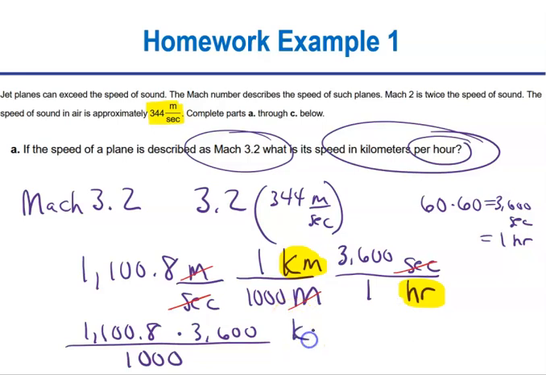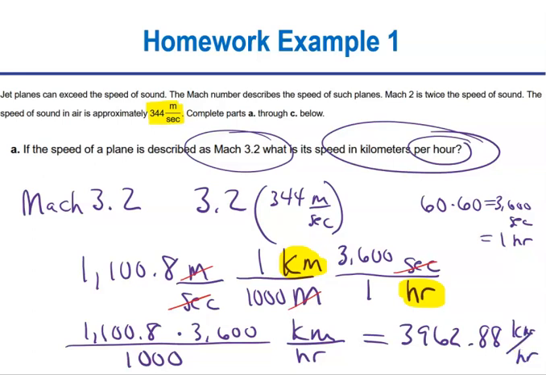So I have my answer in the right format. And I'm going to use my trusty calculator over here to type this in and get a result. So it's 3,600 and then divide by 1,000. And I get 3,962.88, I didn't round at all, kilometers per hour.